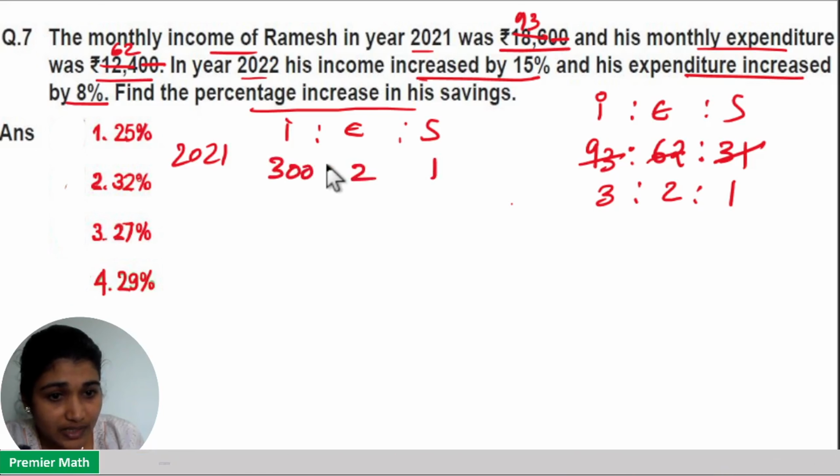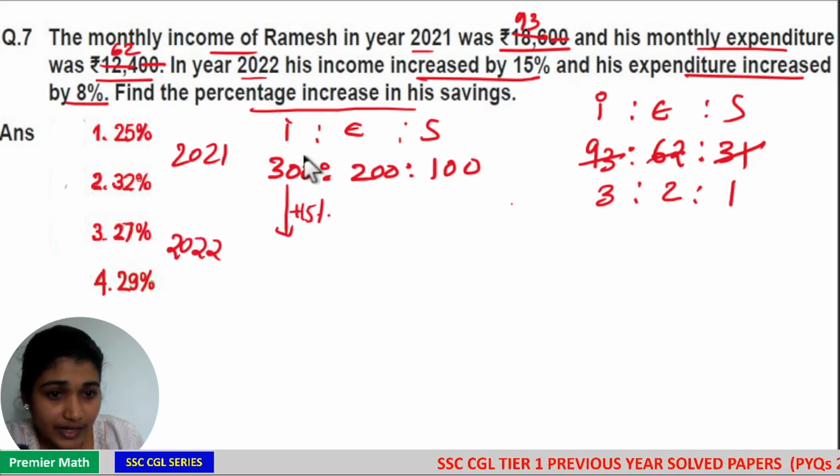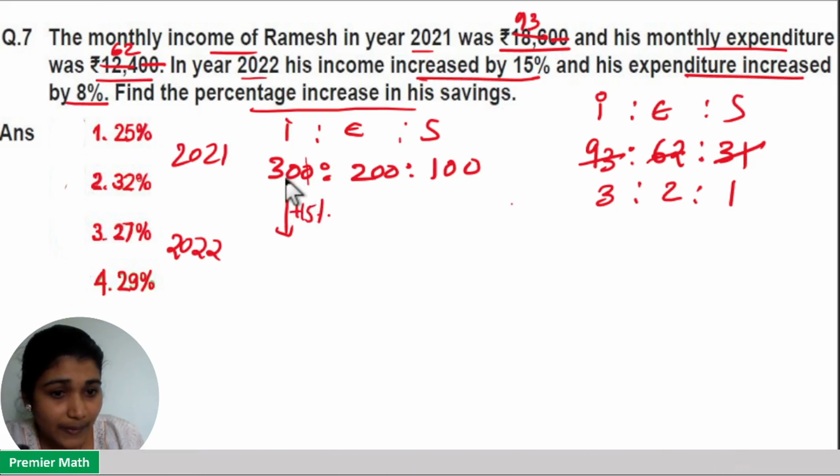Means if I am taking it as 300 is to 200 is to 100, then in 2022, income increased by 15%. 10% of 300 is equal to 30, 5% is 15. Then 15% is equal to 30 plus 15, 45.